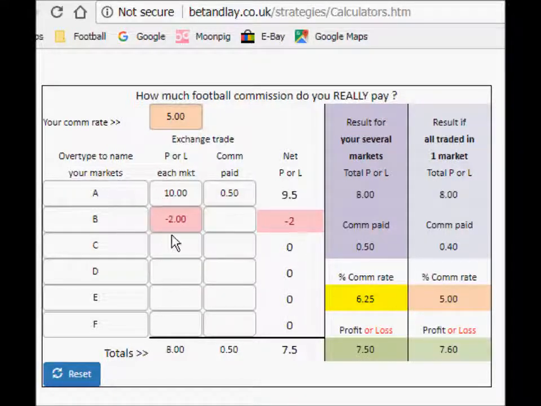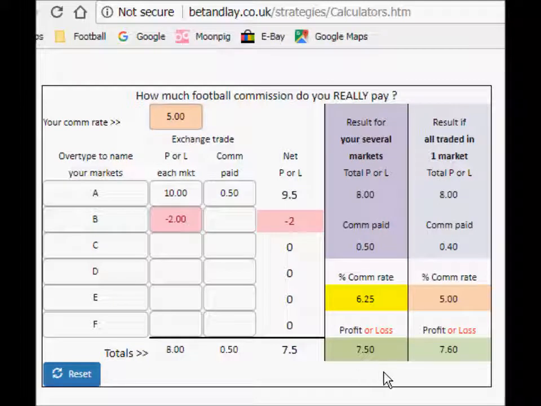Now if those two markets are combined, if you did them both in the same market, all the trade, you pay at 5% your commission rate, and your profit will be £7.60 compared to the £7.50 that you've actually finished up with.